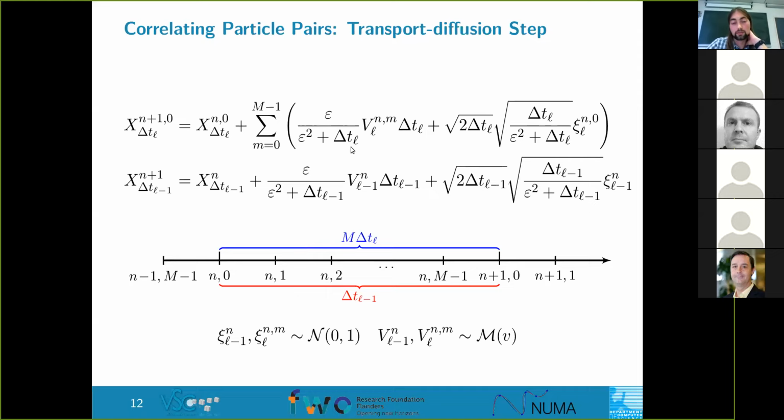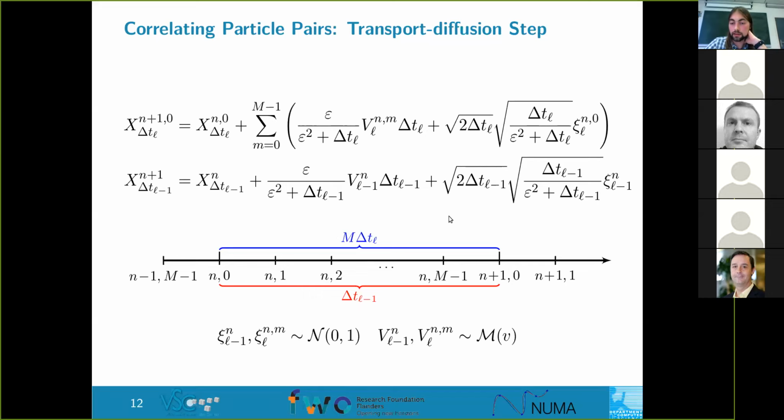Based on the information from all these random numbers we've saved along the way, we generate from these M sets of random numbers one set of random numbers for the coarse simulation by combining them in some way. And if we do that in a clever way, then we'll be able to make sure that this follows the same qualitative path as this.